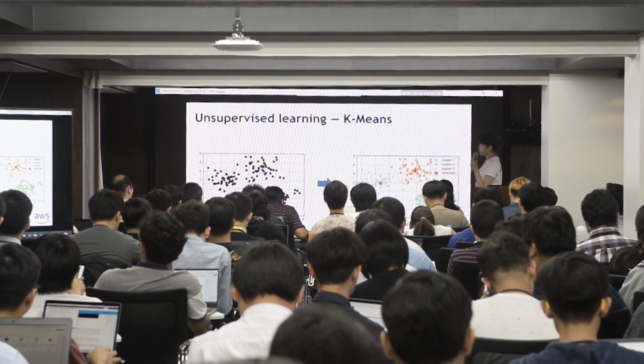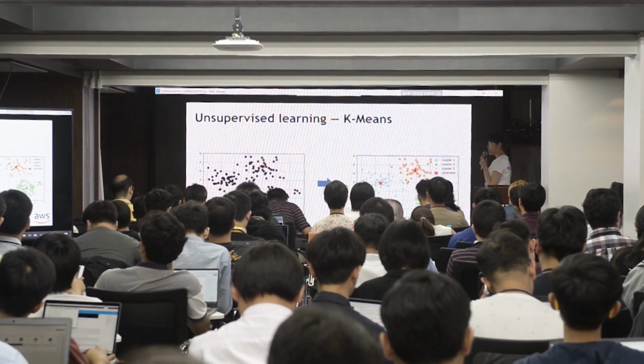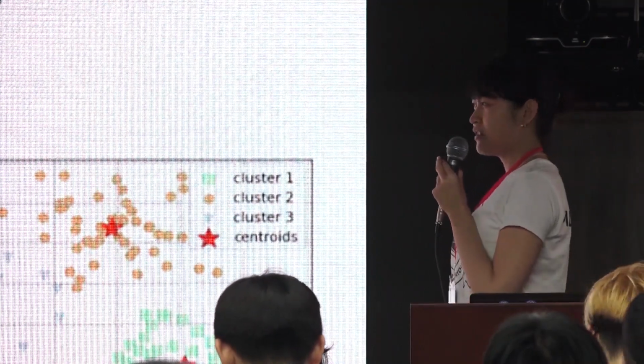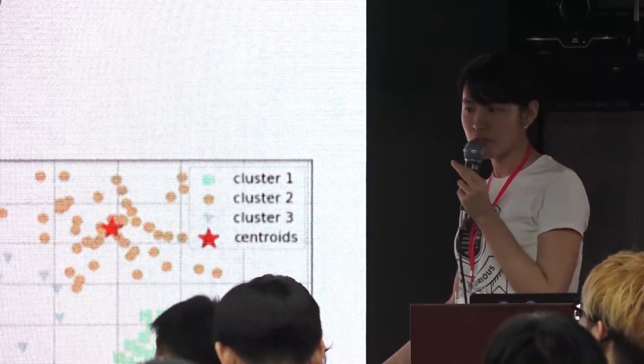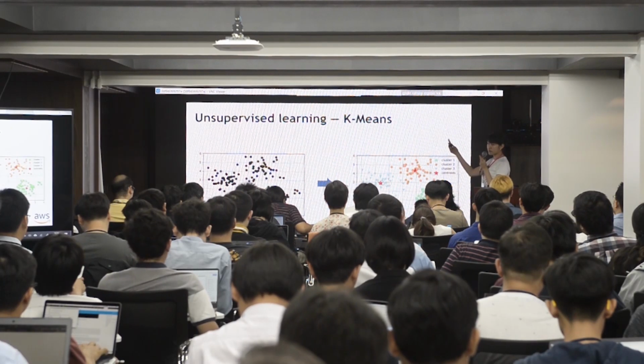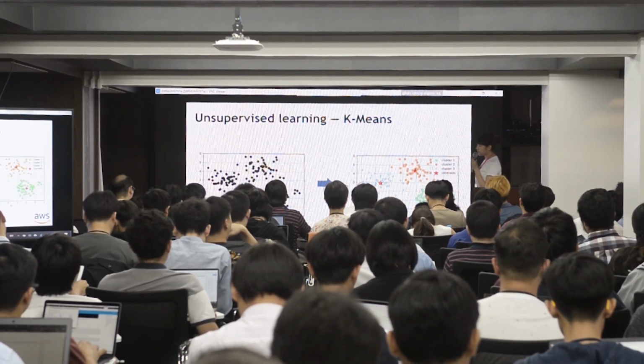So I will talk about one interesting unsupervised learning model, which is K-means. The reason why it's popular is that it's super straightforward. From the left-hand side, you have a bunch of points and you want to cluster them.